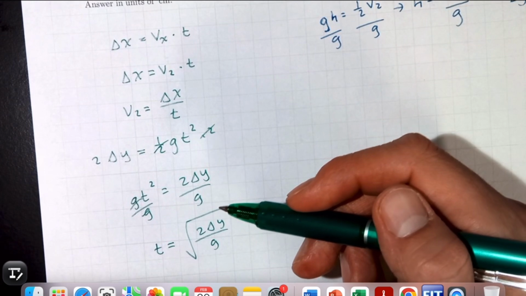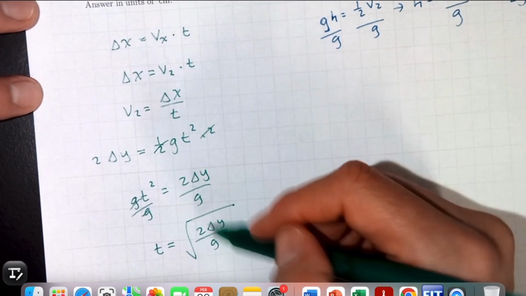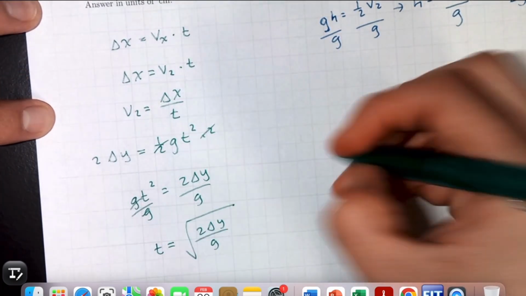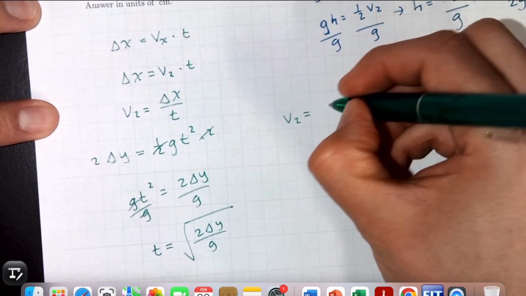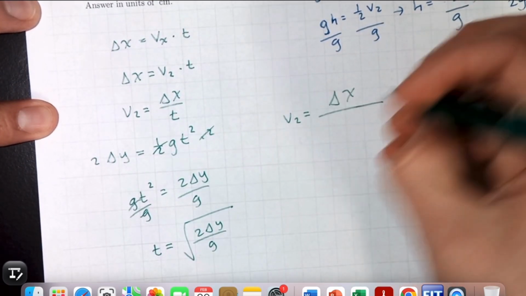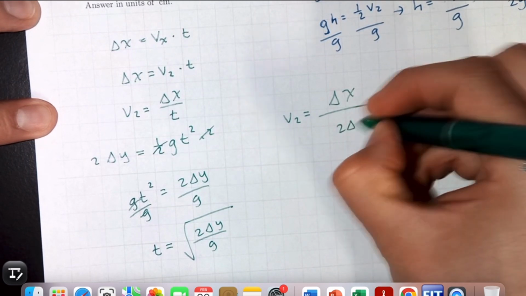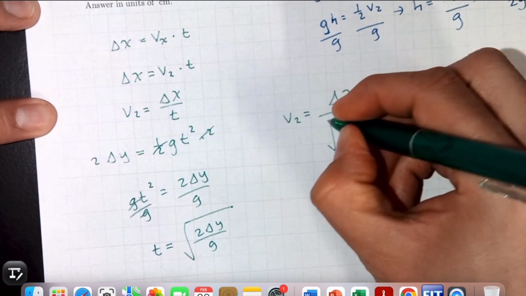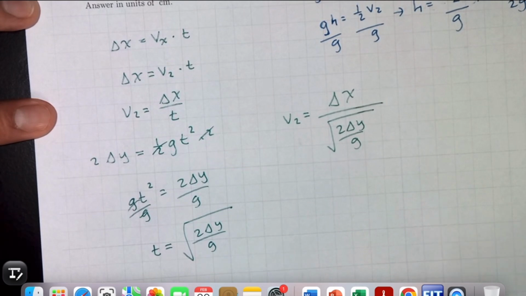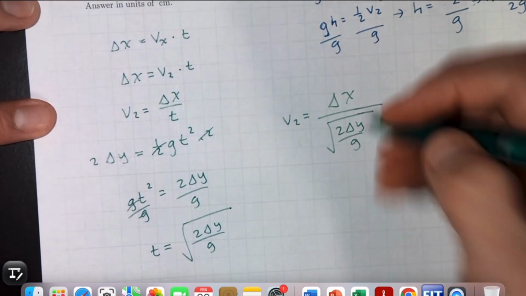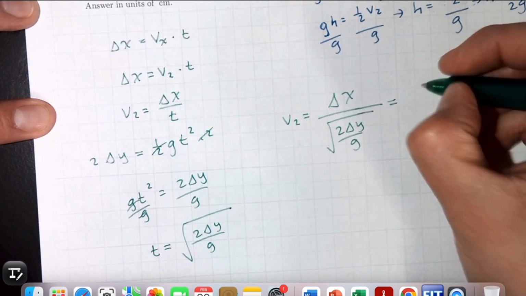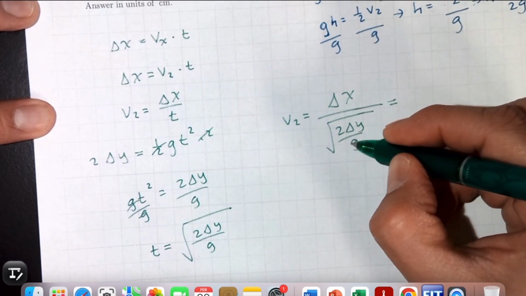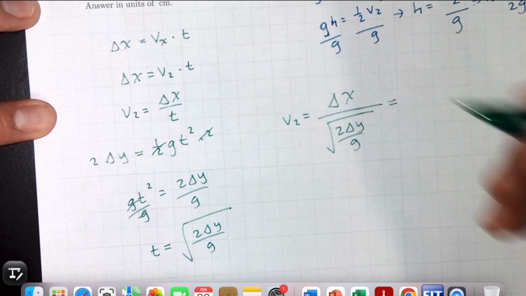Now, I can just plug this one in here. So then I'm going to continue working on this side. v2 is going to be delta x divided by the expression we derived. You can just plug in your numbers to get a value for velocity 2. However, I'm going to make it look a little bit better. I'm going to flip these two. Instead of dividing by this radical, it's going to multiply.